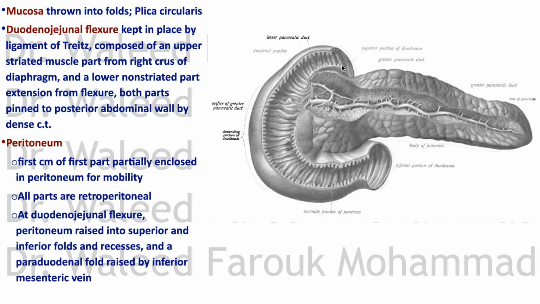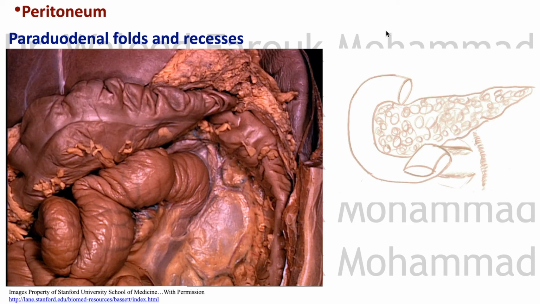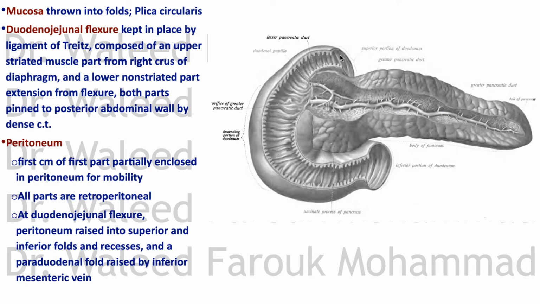It's highly mobile. It makes sense, it's logical, because the stomach itself is highly mobile. So you can't attach a highly mobile organ to a strictly fixed organ. This will produce a strain on the pyloroduodenal junction.